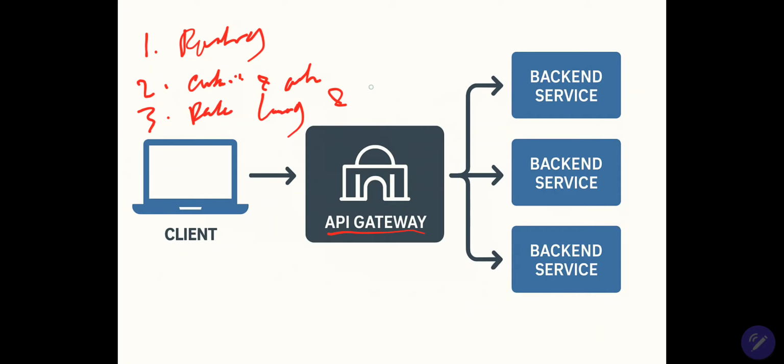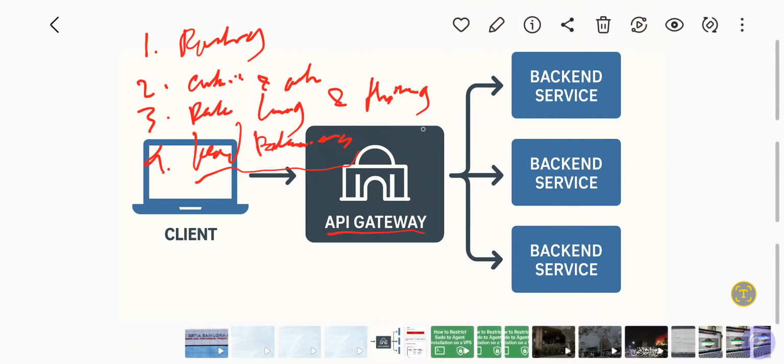Rate limiting and throttling. Number four, load balancing. Load balancing means dividing the load across servers, so it makes it more stable.